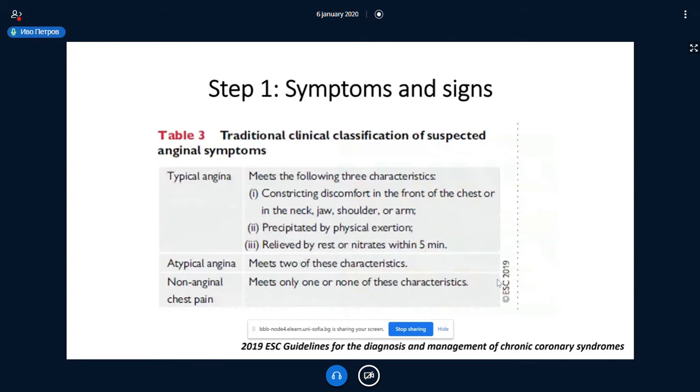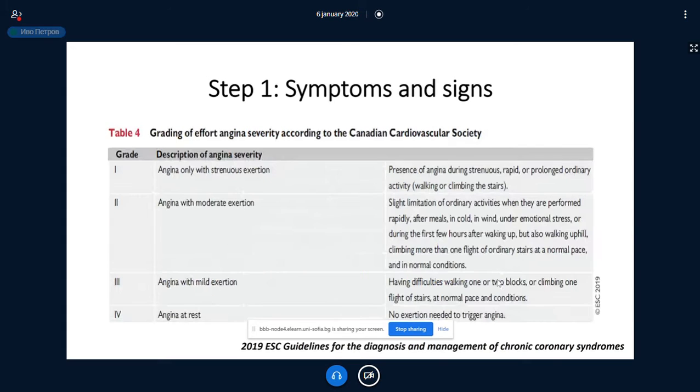So we are going to have in mind also the other characteristics, the relationship with exercise and the fast disappearance of the angina with the interruption of the exercise. So what about the grading?